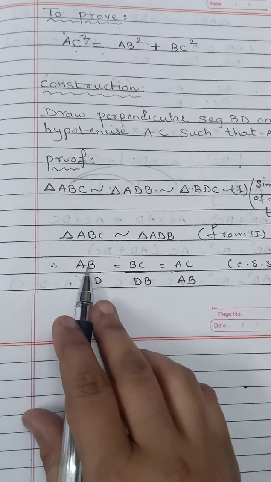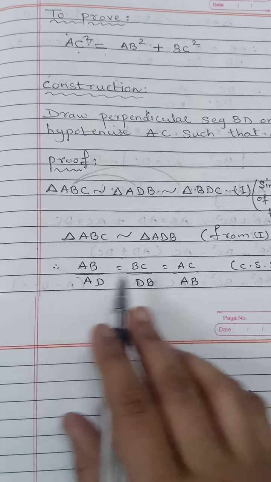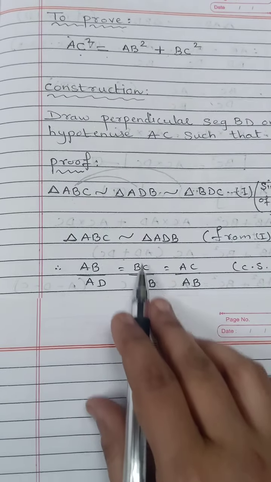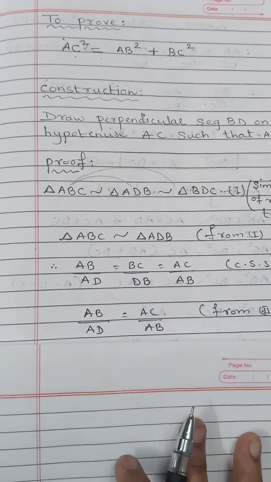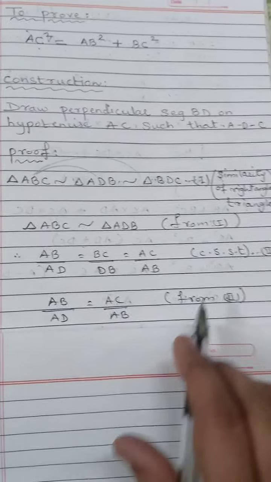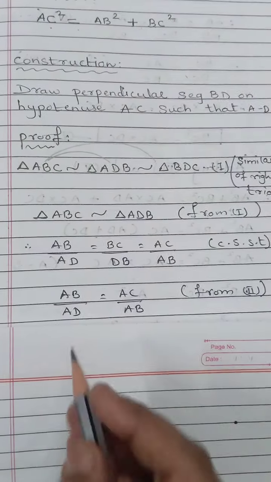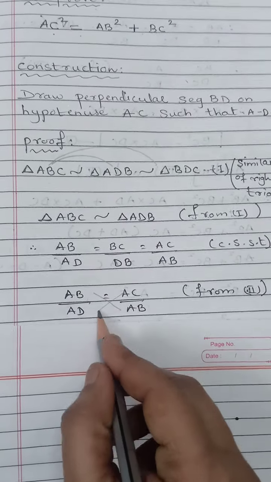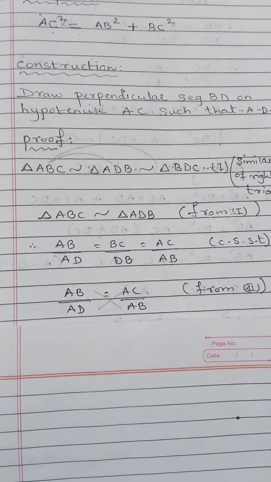The first ratio has AB and the third ratio has AB. So we will take first and third, not the middle term. So AB upon AD is equal to AC upon AB. This we have taken from 2. After getting these two, we will cross multiply: AB multiplied by AB and AD multiplied by AC.